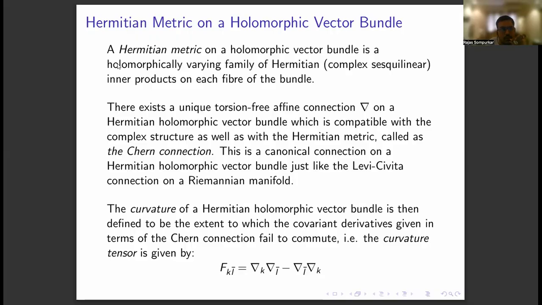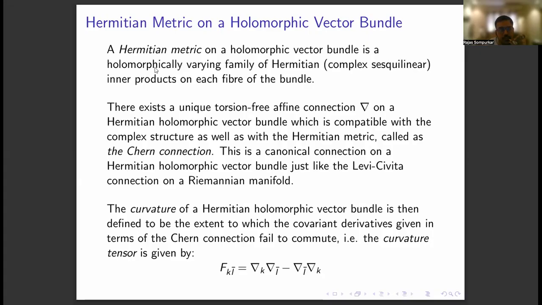Okay, so this is the correction. Over here, it should be smoothly varying instead of holomorphically varying. So we have this smoothly varying family of Hermitian inner products on each fiber of the bundle. This is similar to a Riemannian metric on a smooth manifold, a smoothly varying family of real inner products on every tangent space.